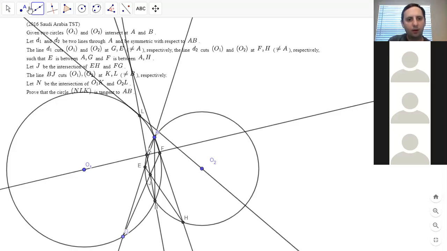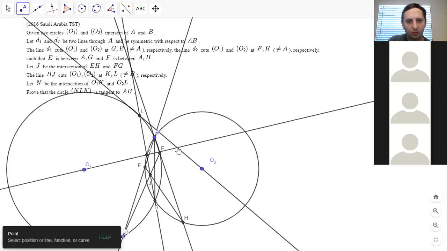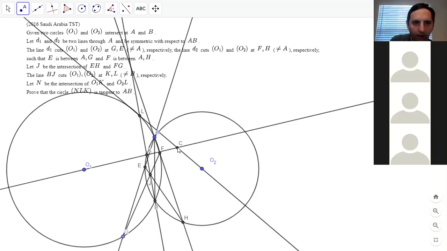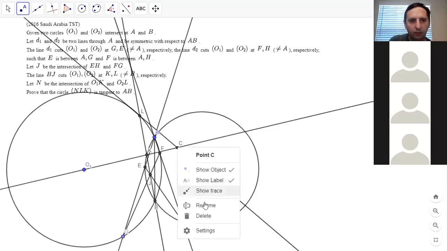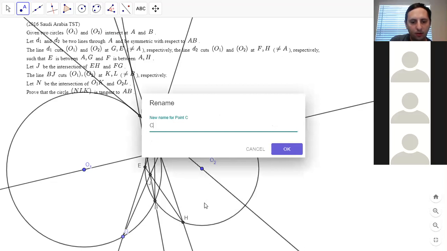At N. We want to show the circumcircle of NLK is tangent. That doesn't sound right. Tangent to AB.